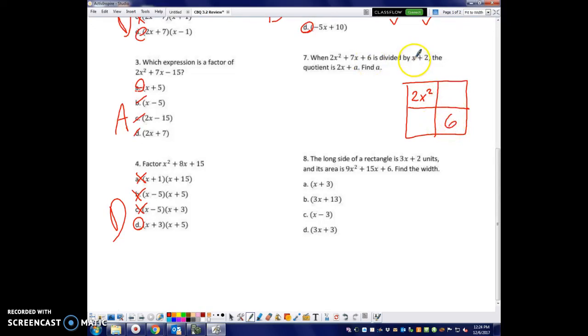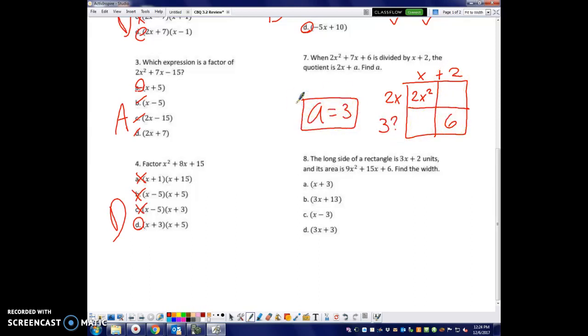Okay? We're dividing by x plus 2, so we already know one step. They also give you part of the second step, so we have 2x, and we're trying to find this one. All right? So this is really easy. 2 times what gives you 6? 3. A is 3.